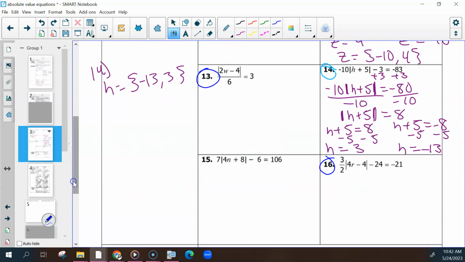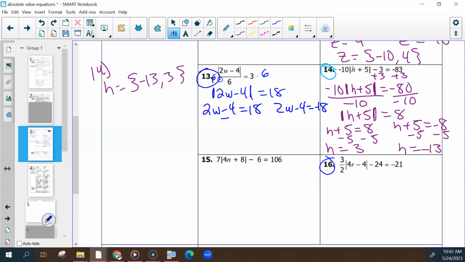13, if we have to isolate the absolute value, what would we do with the 6? Multiply both sides by 6. Then it's isolated, so you can drop the absolute value bars, set it equal to positive 18 and negative 18.